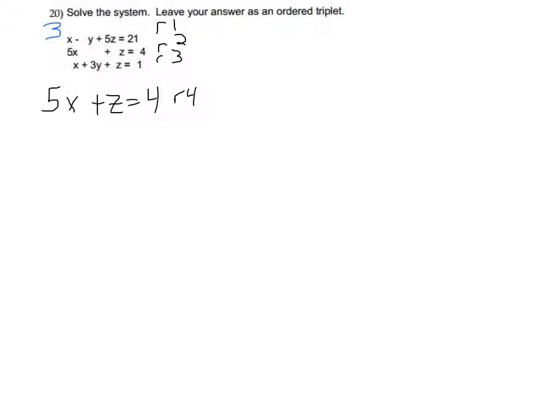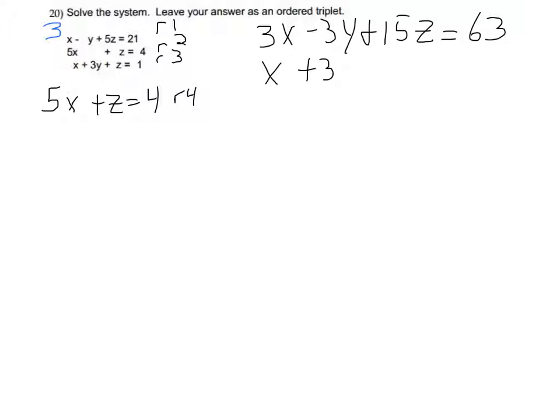That's going to work great. Let me make it a little bigger so we can see. 3x minus 3y plus 15z equals 63. And our row 3, x plus 3y plus z equals 1.